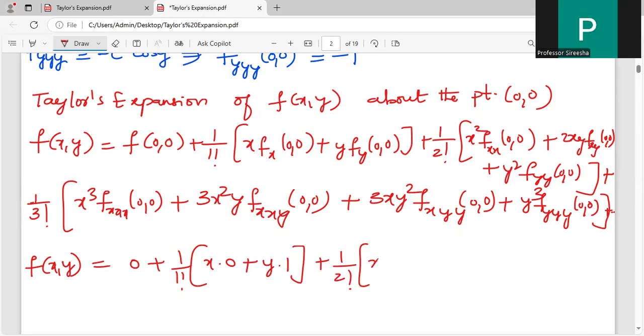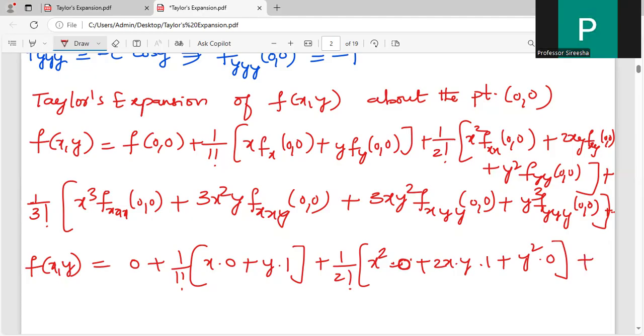Yes. X squared into f double x is 0 that I've got because there was a sine. Plus 2x into y into fxy is 1. Plus y squared into f double y is also 0. Two times derivative of y: sine gives me cos, cos gives me sine again.